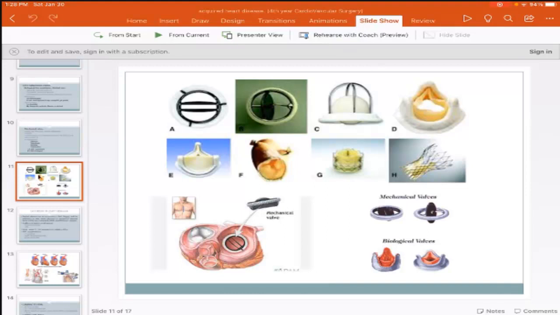And that one, D1, this is a tissue valve. We have many tissue valves. This is Sanjuit. This is a tissue one.